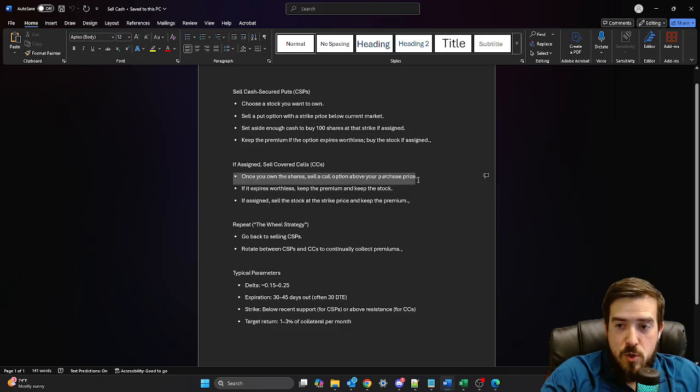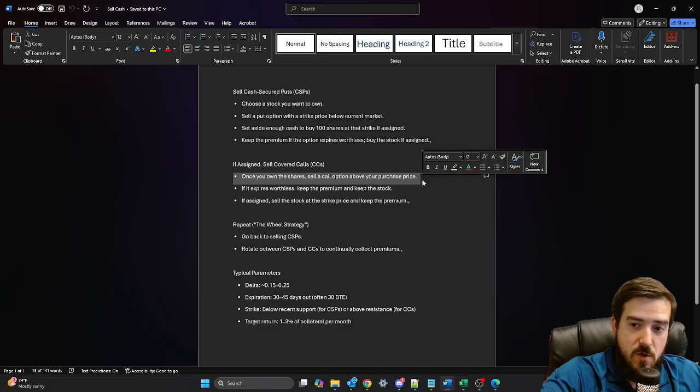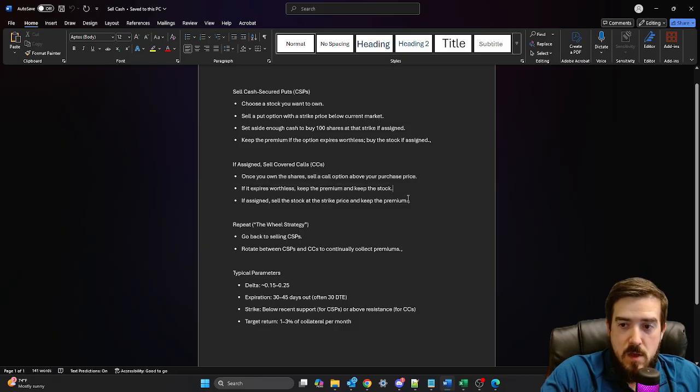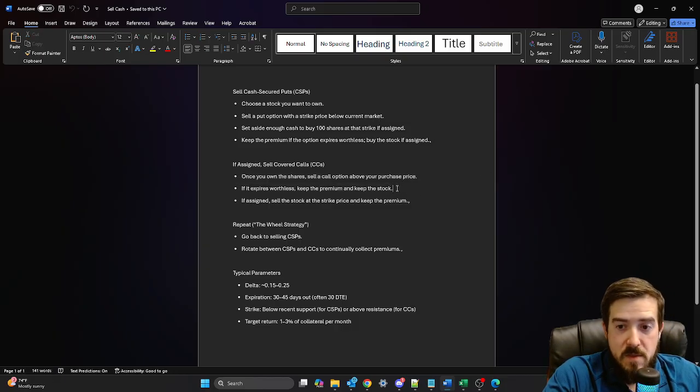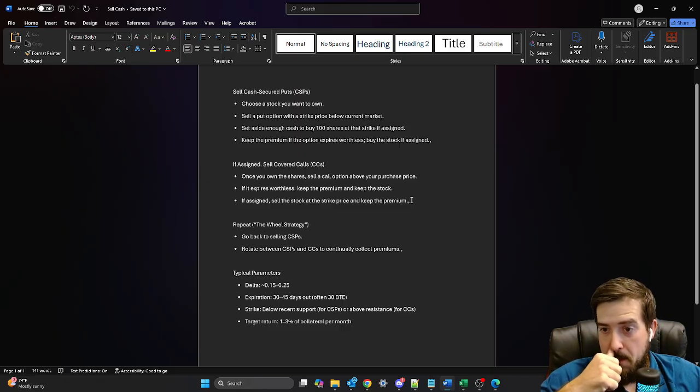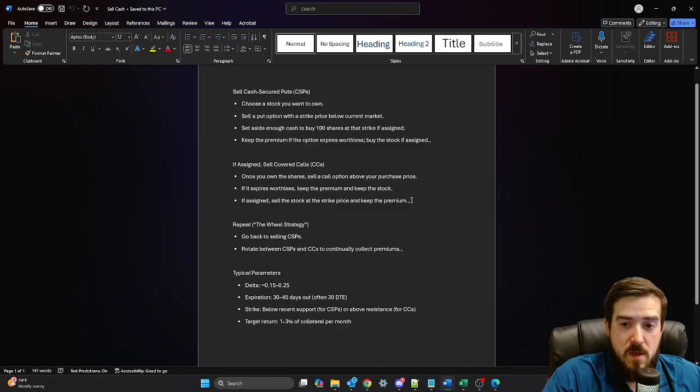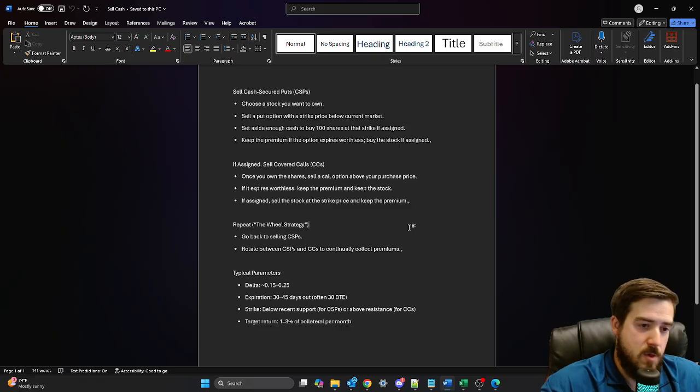So now we own the shares, and we're going to start selling covered calls back to the market. We pick a strike price that is above current market value. If the stock does not go above that price, then we get to keep our shares and the premium. And so we'll do it again the next week, and then let's say it does go above that strike price and they get called away. You still make your money.